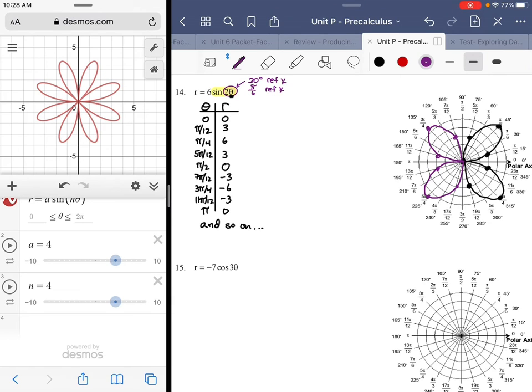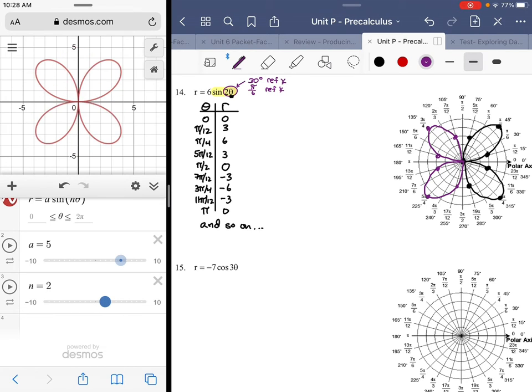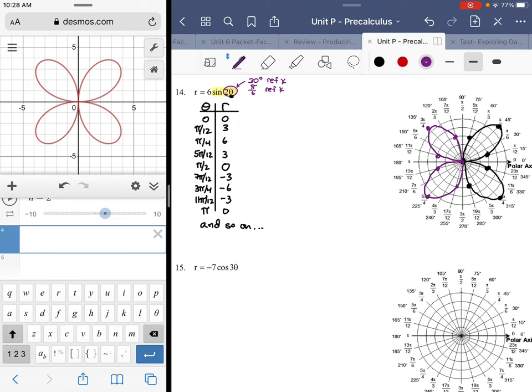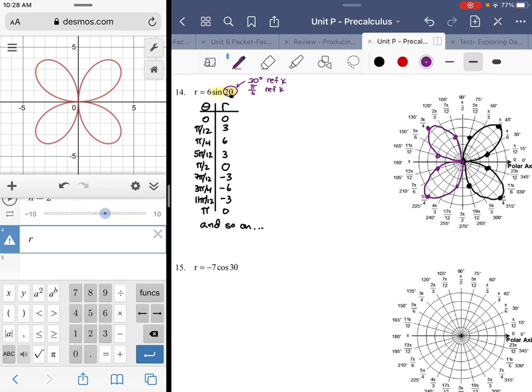And you may look at it and say, well, I wonder if that's different for a cosine function. Well, we will find out in a minute, but you can find out by changing sine to cosine. All right. So the question would be, well, what does the a value control? Well, this looks kind of circular, right? If you were to connect all those extreme points along the petals of this rose, in every case, you could kind of encapsulate this within a circle.